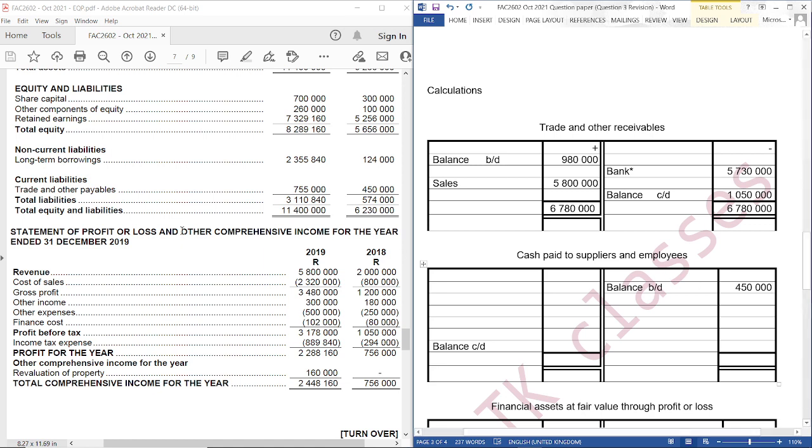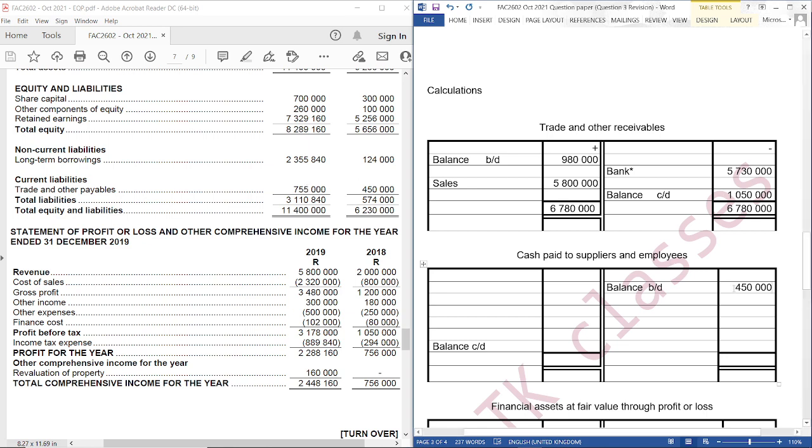Because for us to have trade and other payables, it means we are owing our suppliers. This is what we were owing our suppliers at the beginning of the year, and this is what we're owing at the end of the year.